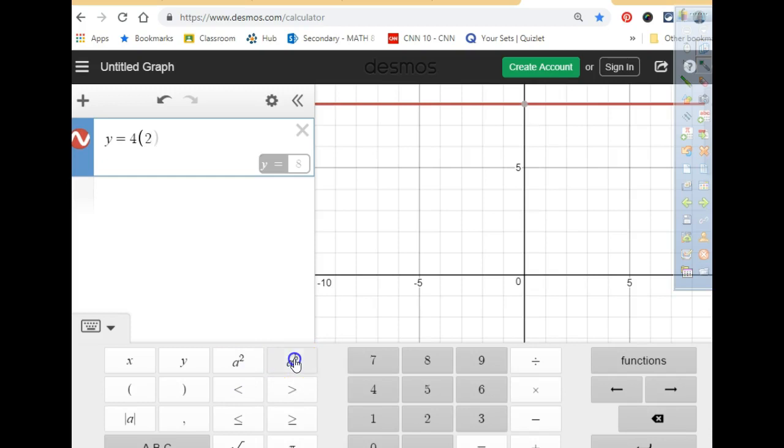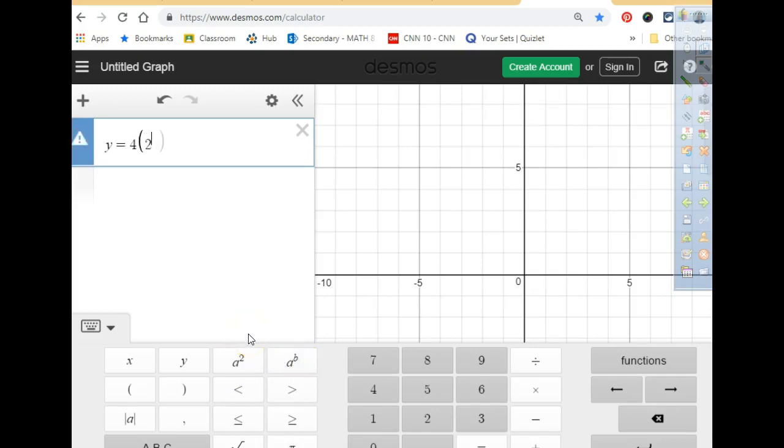So writing it like this, and then I click on the x up here. Let's see. We're going to go back here, and we're going to go here to the x. And y equals, so let's check this.